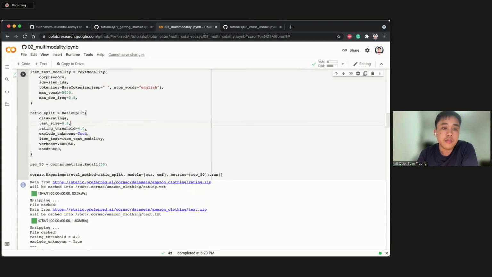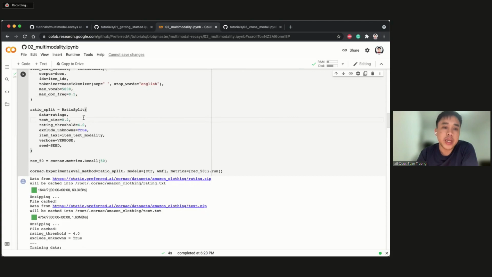And so we want to split the data, and in this case, we split it with the so-called ratio split. We can specify the size of the test set, or if we want to have a validation set, it's also available. The rating threshold is to distinguish between positive and negative feedback, because if we consider the ranking metrics, then we need to see which items are positive and which are negative.